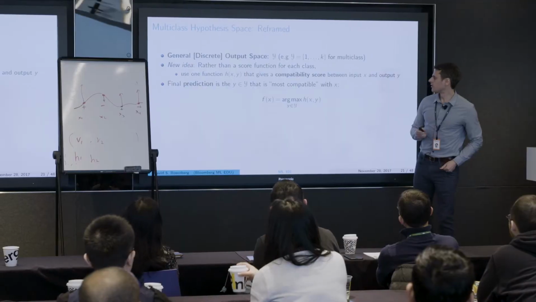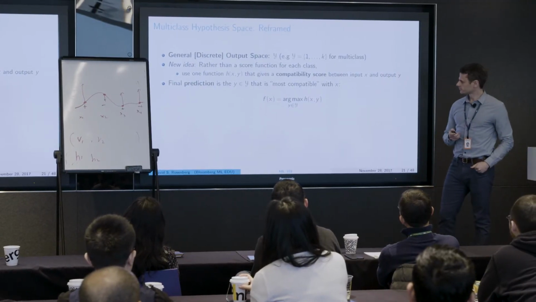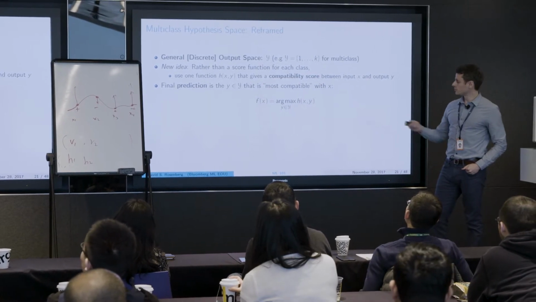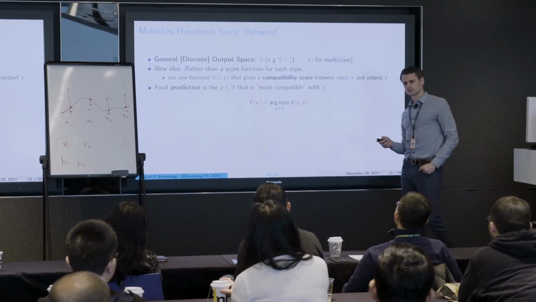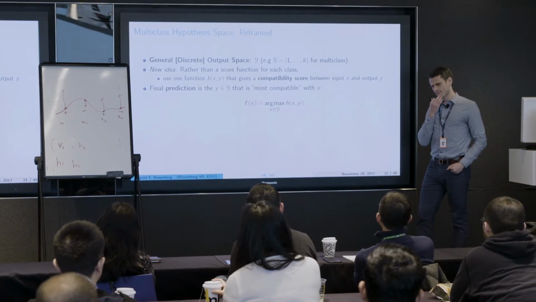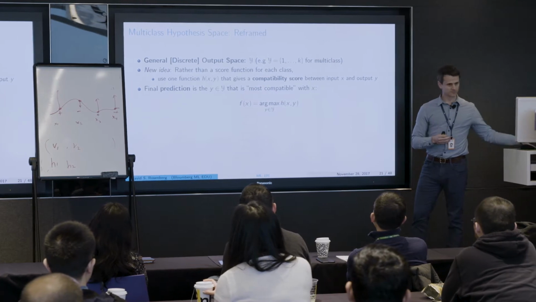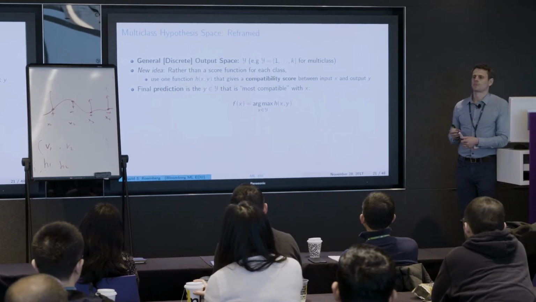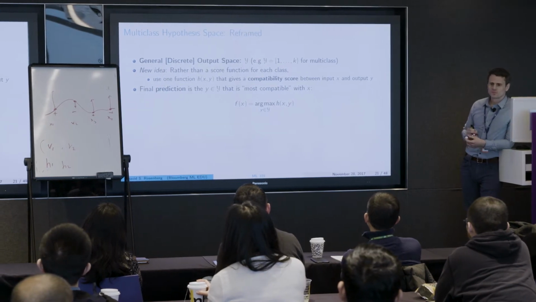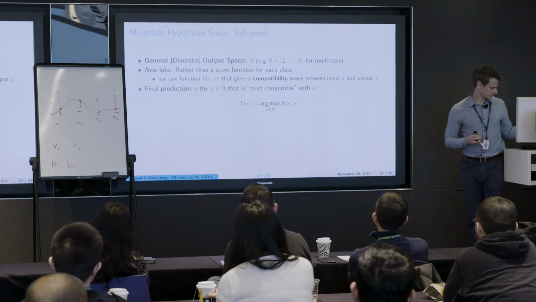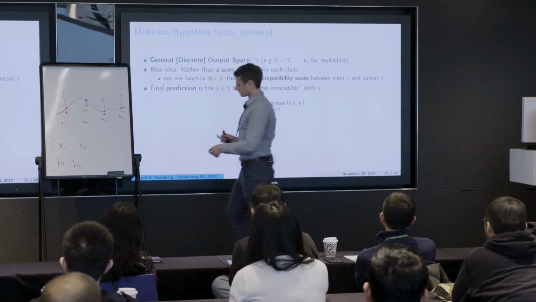Y minus h of x, squared. I think we could do something easier. You can use the h_i's in the definition of h. Y becomes a subscript.